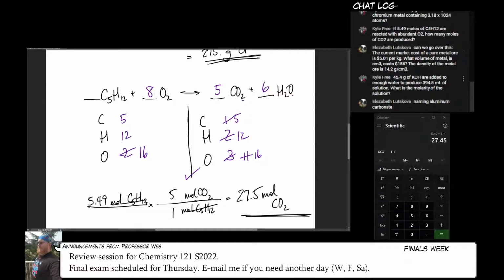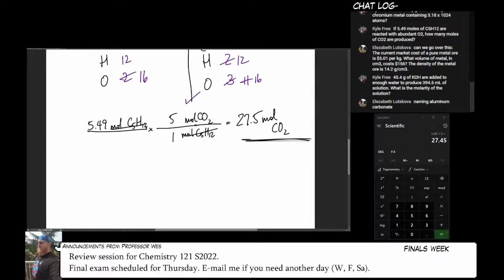All right, next we have, let's see here. So we just did this. The cost of a pure metal is this much. What volume of metal costs that much? Here's the density. Okay.